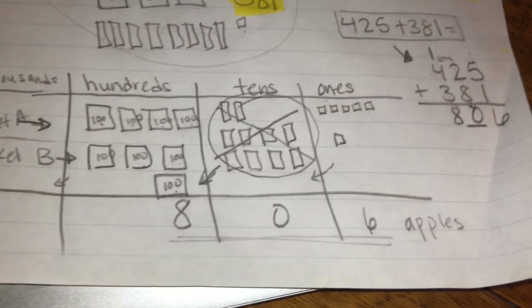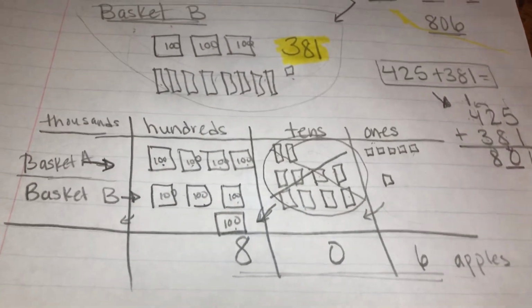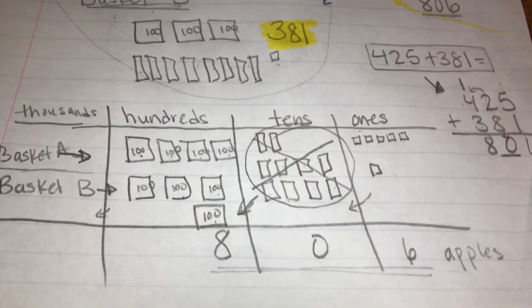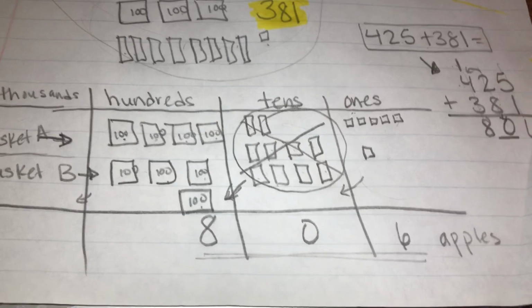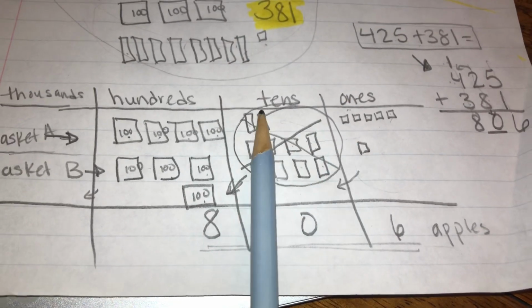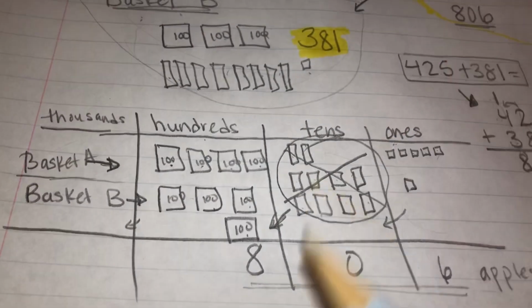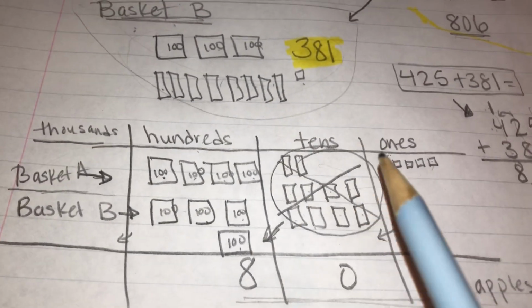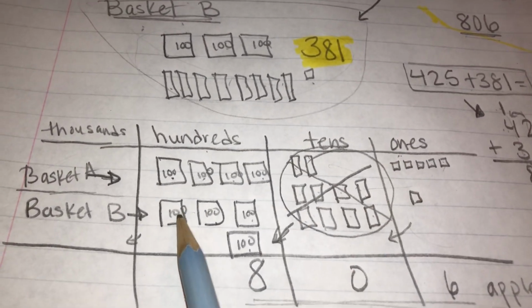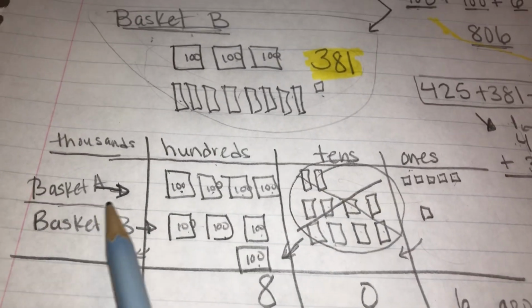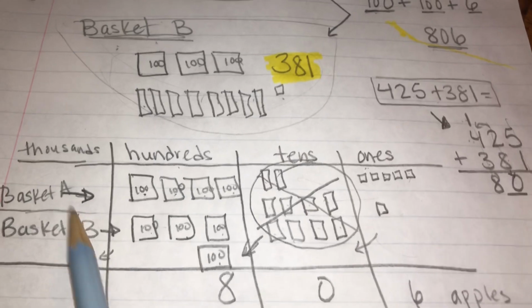Same thing if they were to write an explanation for this one, it would be the same procedure. First, I drew a place value chart with ones, tens, and hundreds. Then I filled it out with the ones, tens, and hundreds, or the apples from each basket. In basket A, there were 425 apples.